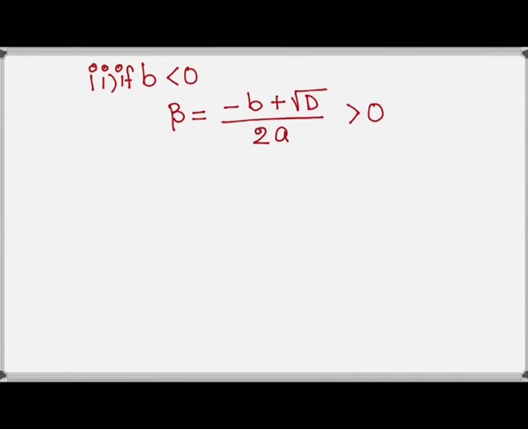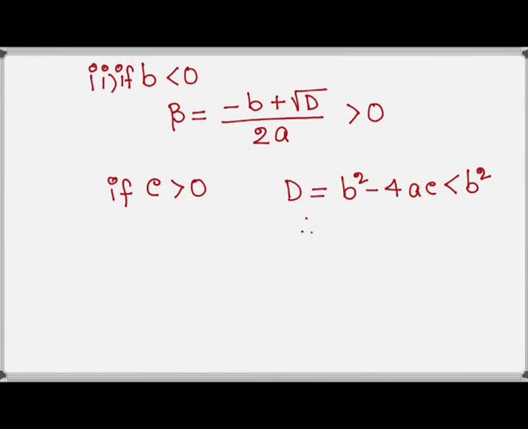So we have to look at the sign of the solution alpha now. Let c be strictly bigger than 0. Then here we have D equal to b square minus 4ac is strictly less than b square.